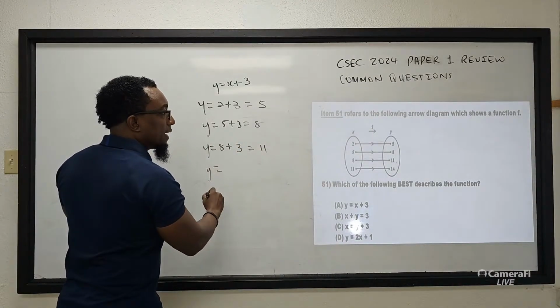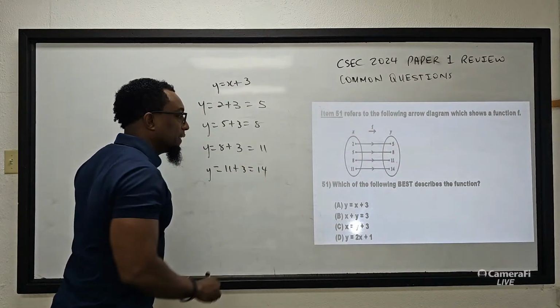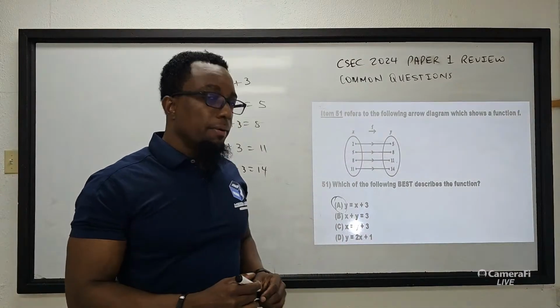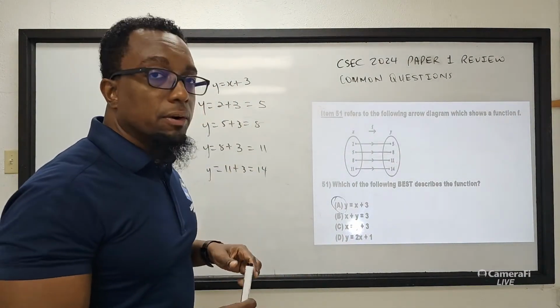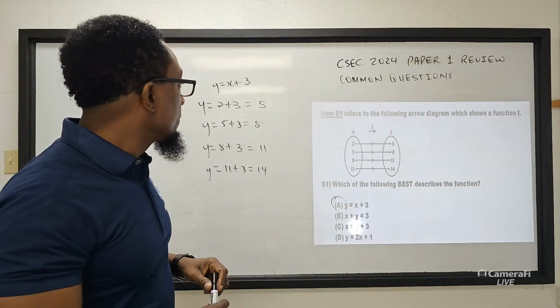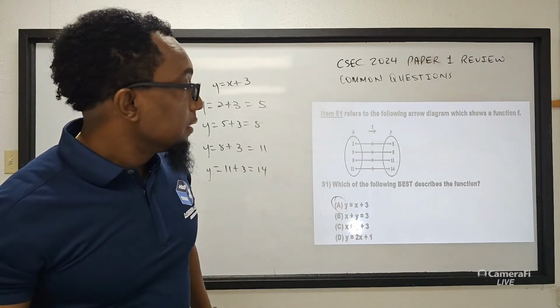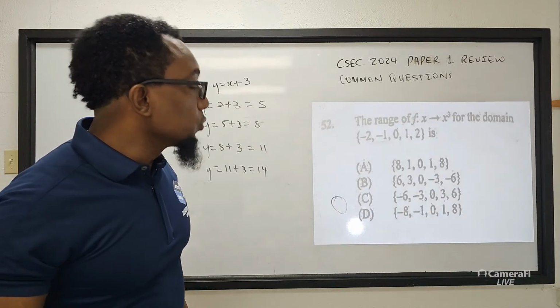If I replace it with 11, plus 3 is 14. So clearly 51 is E, because that allows the domain to be mapped onto the range or codomain. Again, they may bring different variations of your mapping diagram. Okay? Let's look at 52.